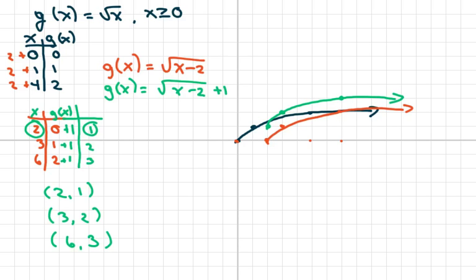That's the full transformation. Now the next one I want to do is h of x equals the square root of negative x minus 2. Basically, I'm going to go ahead and graph the original here: 1, 3, 4 goes to 2, something like that.